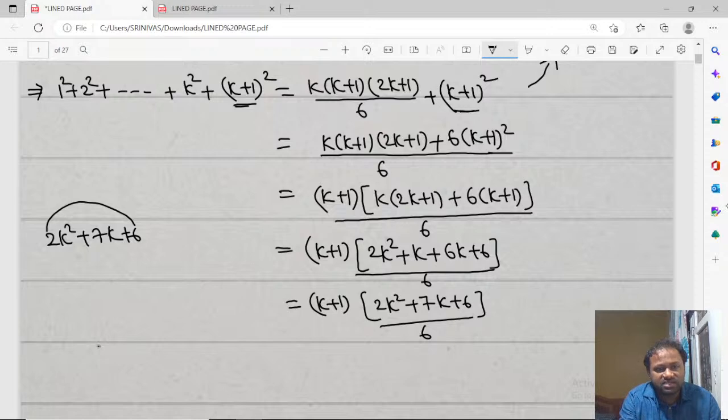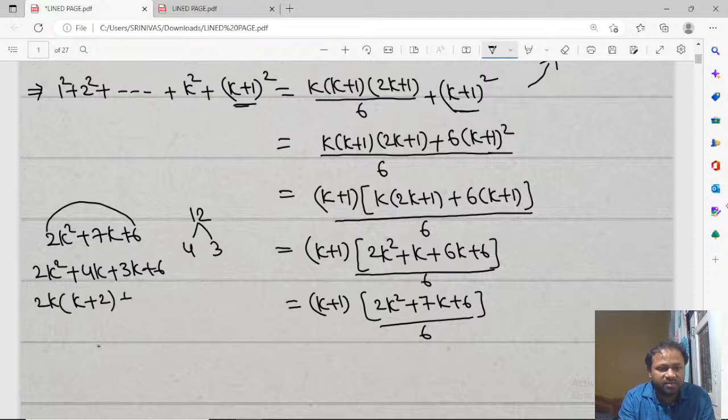So how can we write 6? 2 twos are 12? 12 means 4 threes are 12. 4 plus 3 is 7. So 2k square plus 4k plus 3k plus 6. From this 2k is common, (k plus 2) we get, plus 3 common, (k plus 2) we get. So from this (k plus 2) into (2k plus 3).